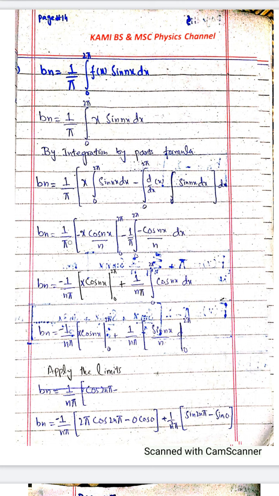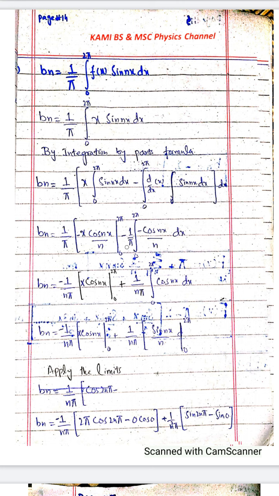So bn is equal to 1 over pi, here x, and integration of sin nx is minus cos nx divided by n. So this minus is placed before x.